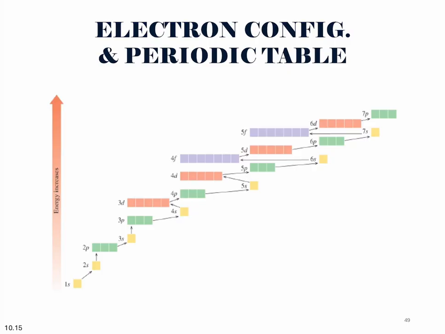And then if we go up here, this is where really the weird stuff starts to happen, right? The 6s is lower in energy than 4f, right? And when I say lower in energy, I'm just looking at how high it is compared to this axis right here. As we go up, the energy goes higher, and we're just filling in from lowest to highest energy, right? So you guys don't have to memorize that.